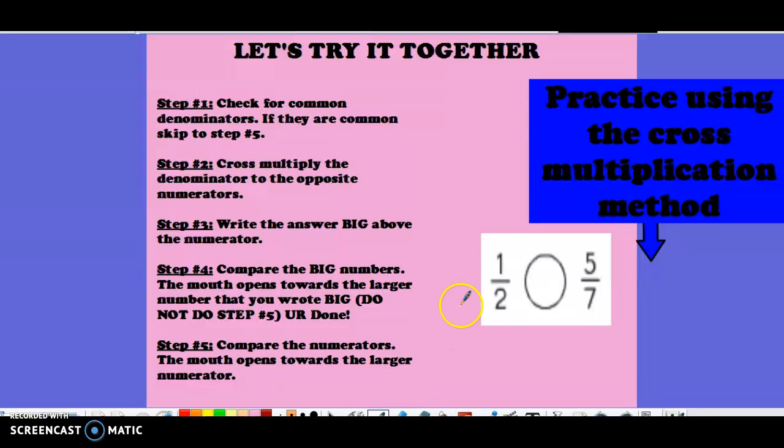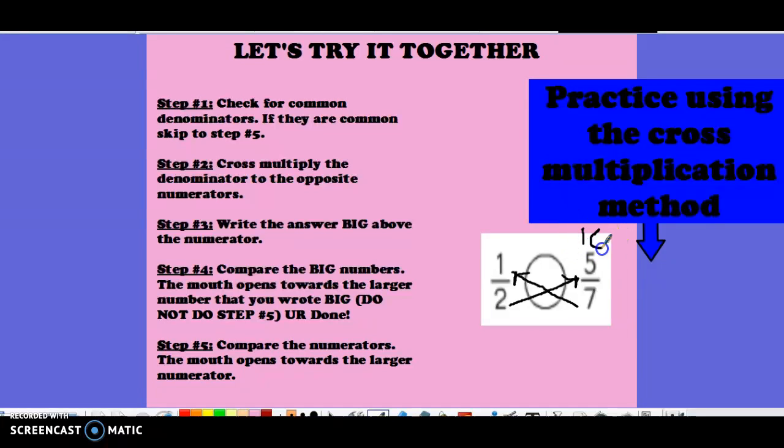I need to compare by cross multiplying. I'm taking the denominator, the number down below, and multiplying it with the opposite numerator. So I do this denominator 2 times this numerator 5, and I get 10.